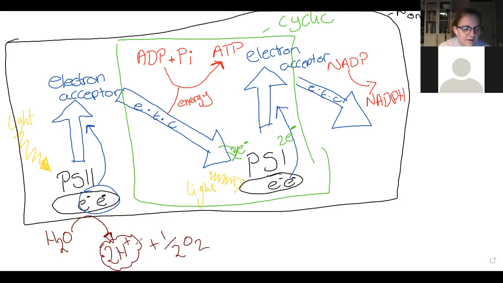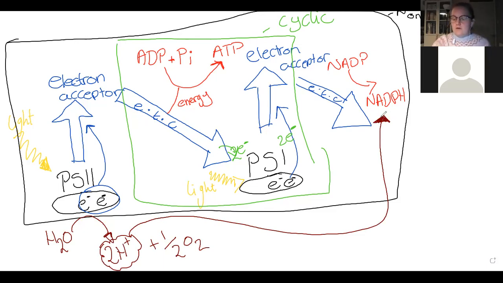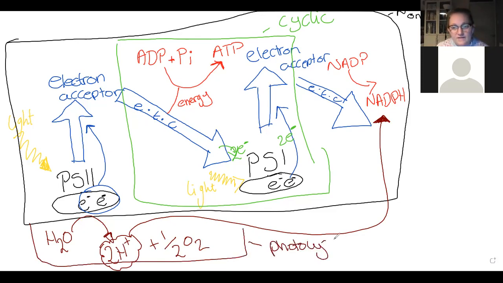These hydrogens are then used here to reduce that NADP. So that's where they come from. I'm going to get another diagram to explain it to you again. This is photolysis, and this is just the first stage of photosynthesis, the light-dependent reaction.